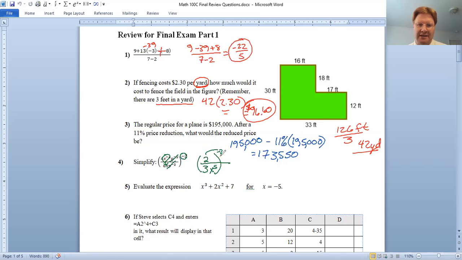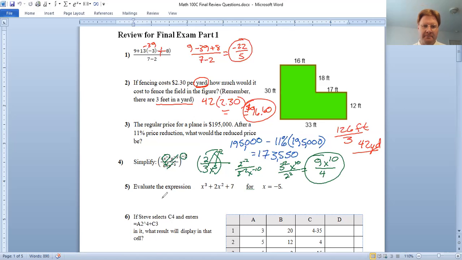So it goes into each one of those, and so we end up with 2 to the negative 2 over 3 to the negative 2 x to the negative 10, which means all of them switch places. 3 squared, x to the positive 10 over 2 squared, and then all that's left is 3 squared is 9, x to the 10th over 2 squared is 4. Oh, that was nice. The p's just kind of canceled right out of there.